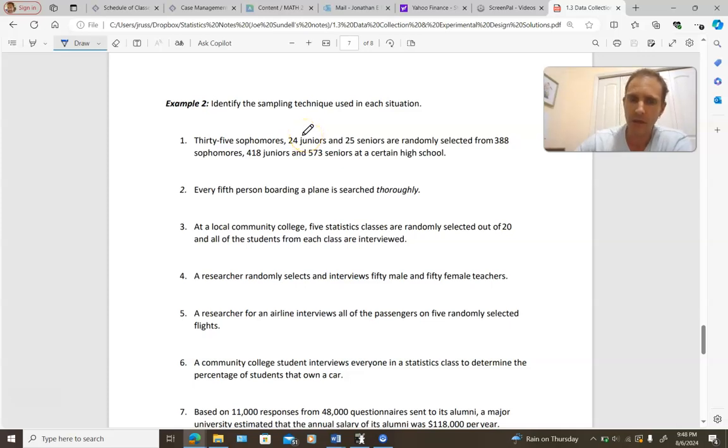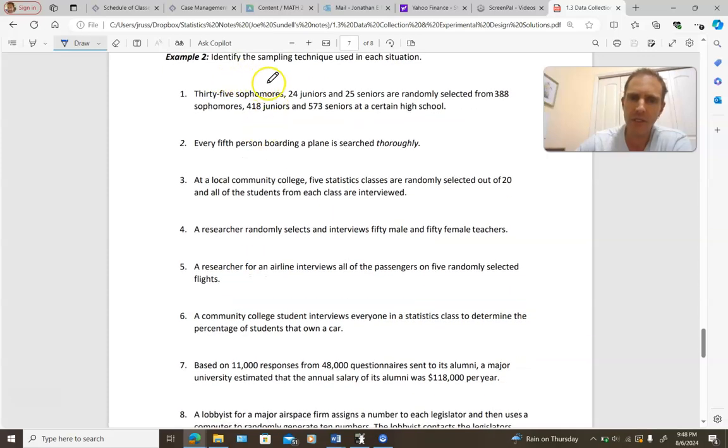Okay. You could make an argument that this could be cluster sampling, but I'm going to go with stratified sampling because the nature of the population is already segmented in a sense. Okay. So I think this is an example of stratified sampling.